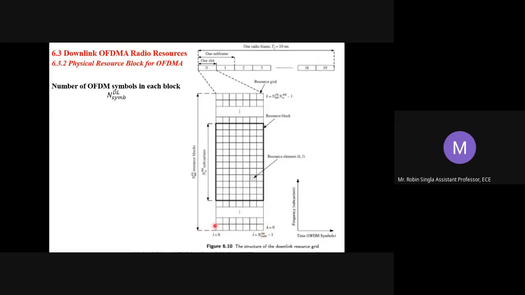So the number of boxes here would be N DL symbol, which is the total number of OFDM symbols.